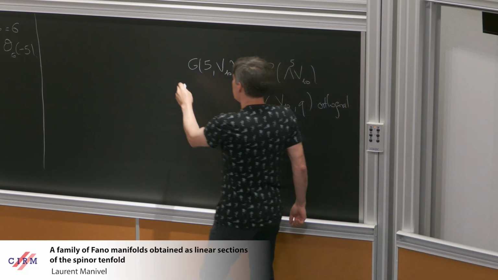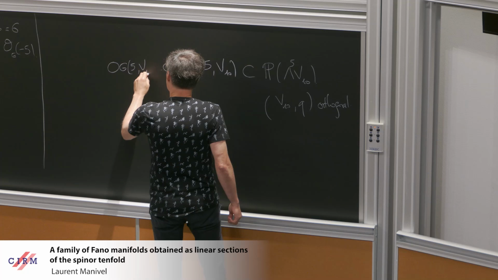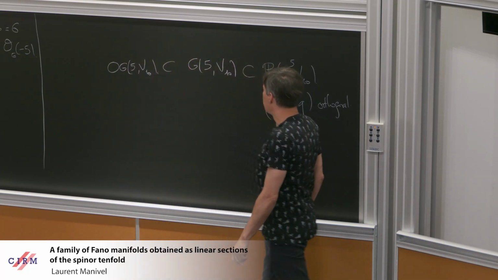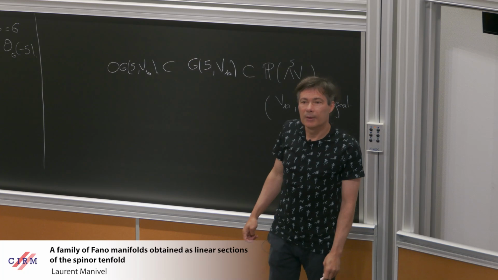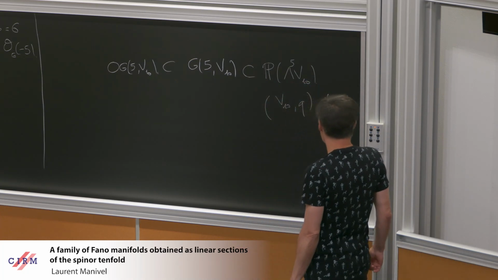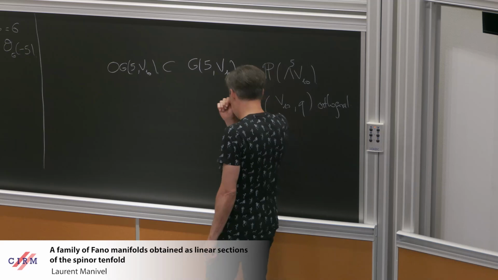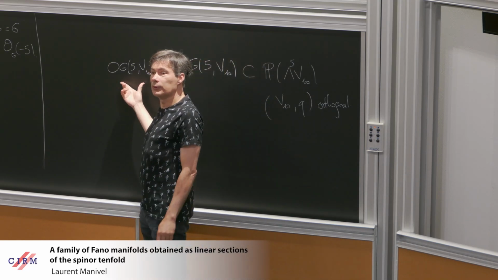So inside the Grassmannian, you have the orthogonal Grassmannian, which parameterizes those 5-dimensional subspaces which are completely isotropic with respect to the quadratic form. And if you already met this, you know that there are actually two connected components.